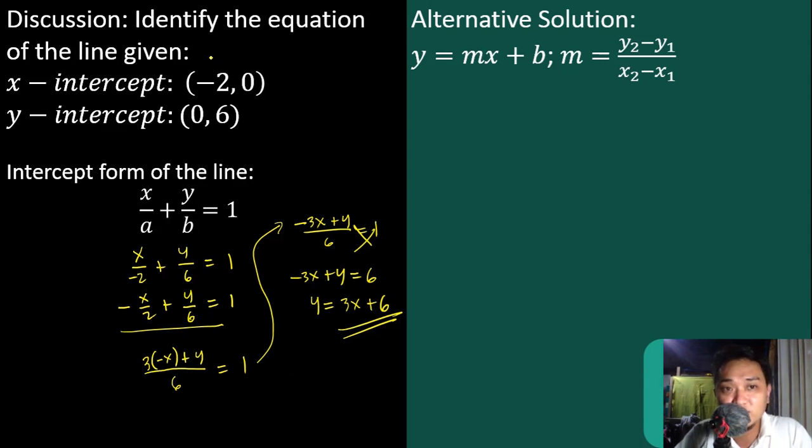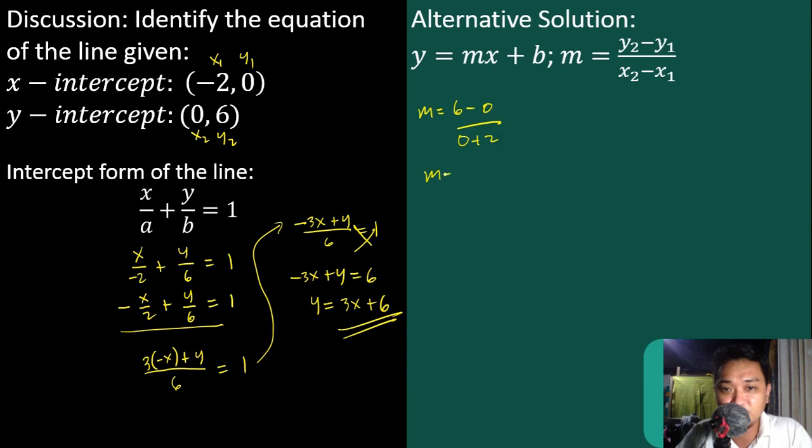Sige. To get the slope, mag-assume muna tayo ng sub 1 and sub 2. So, assuming na ito yung ating x sub 1, y sub 1, ito yung ating x sub 2, y sub 2. And let us substitute and use this formula for our slope. So, y sub 2 is 6 minus y sub 1 is 0 over x sub 2 is 0 minus x sub 1 is negative 2, plus 2.